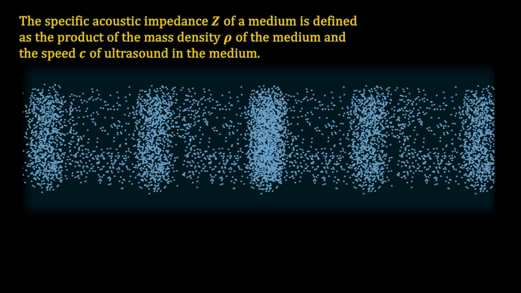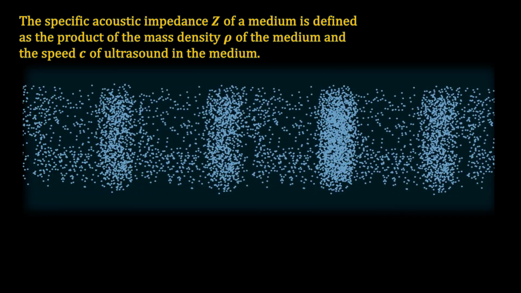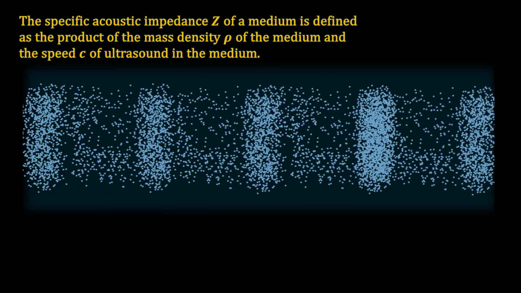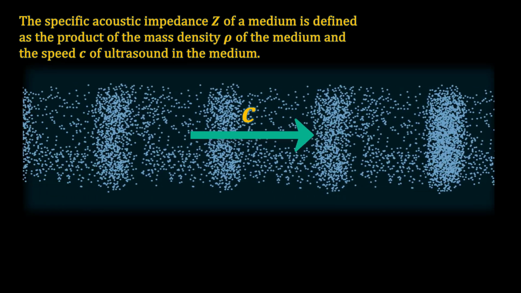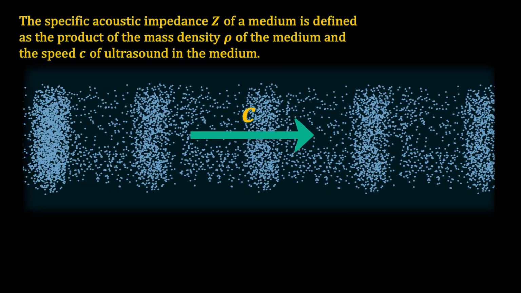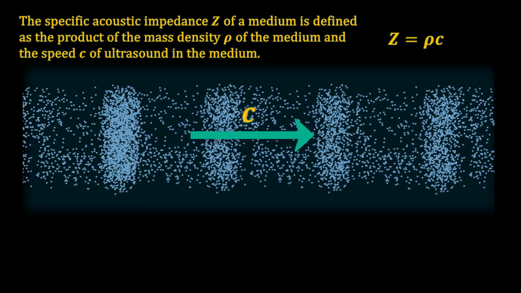The specific acoustic impedance Z of a medium is defined as the product of the mass density ρ of the medium and the speed c of ultrasound in that medium. Mathematically, this is written as Z equals ρc.